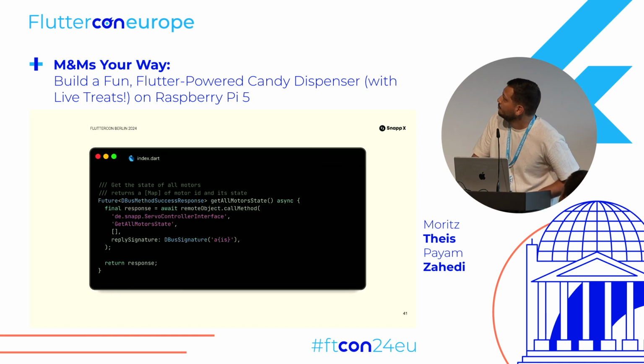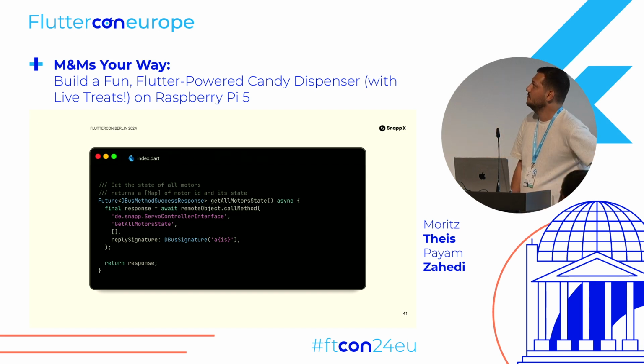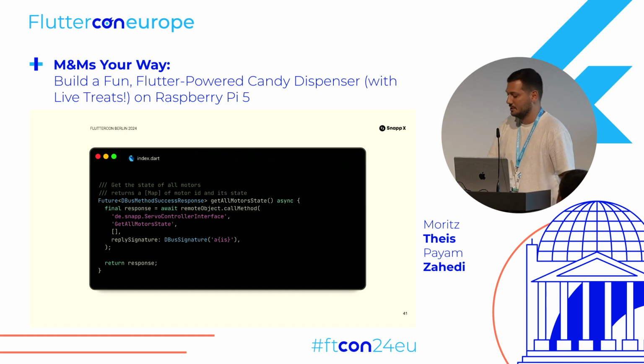And our method to get the states of the motors is pretty much the same as in Python. In here, we are using the remoteObject.callMethod, but we need to pass the interface name and the method name that we already defined there, and just use the signature that we have there.